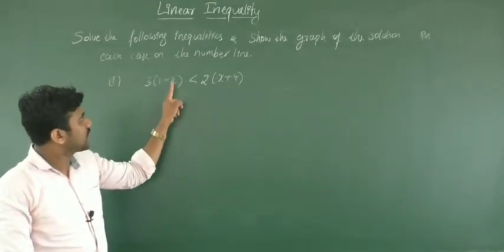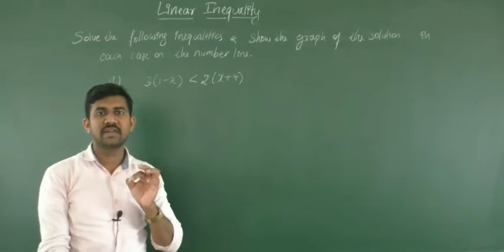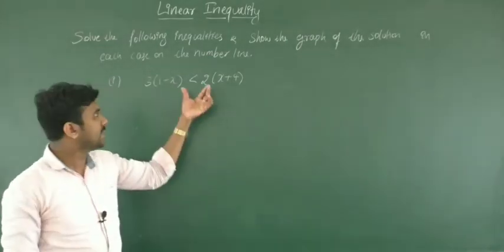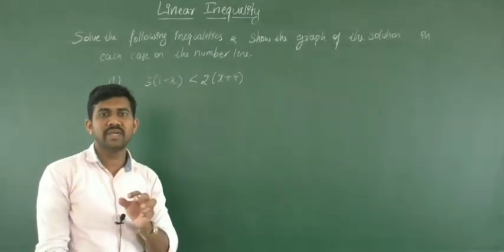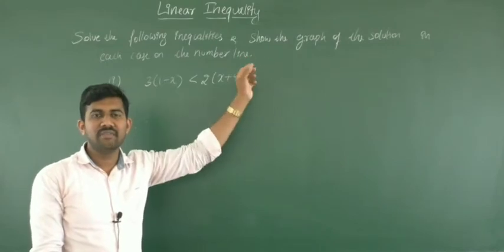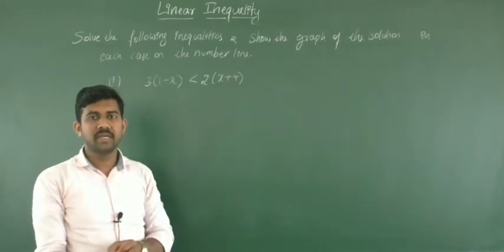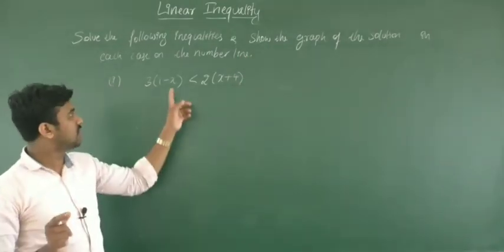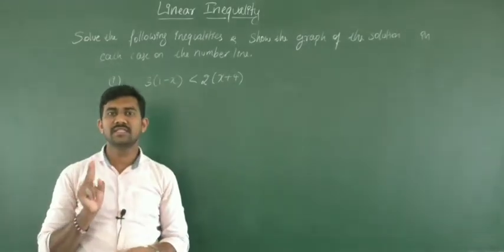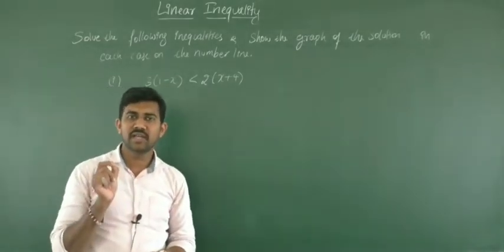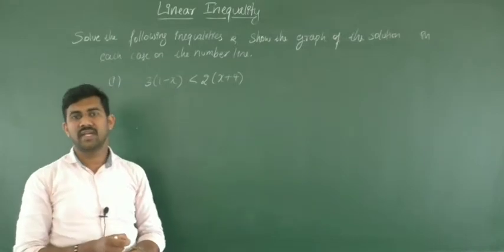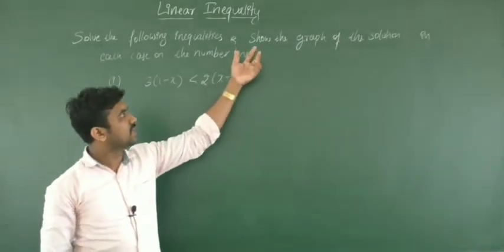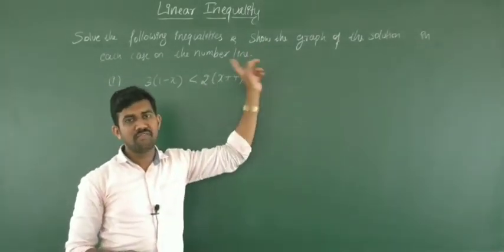The variable of this inequality is one, so in the case of linear inequalities in one variable, we can draw the graph on the number line. But if the inequality has two variables, then we have to show the graph on the plane.